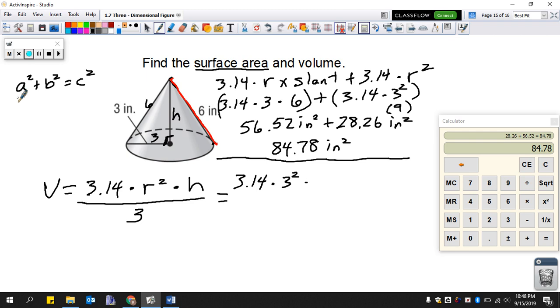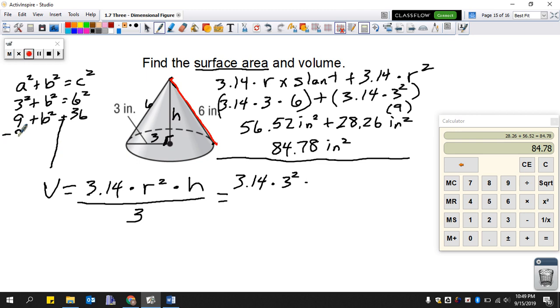So we have 3 squared plus b squared is equal to 6 squared. 3 squared is 9 plus b squared is equal to 36. Solve it for b.